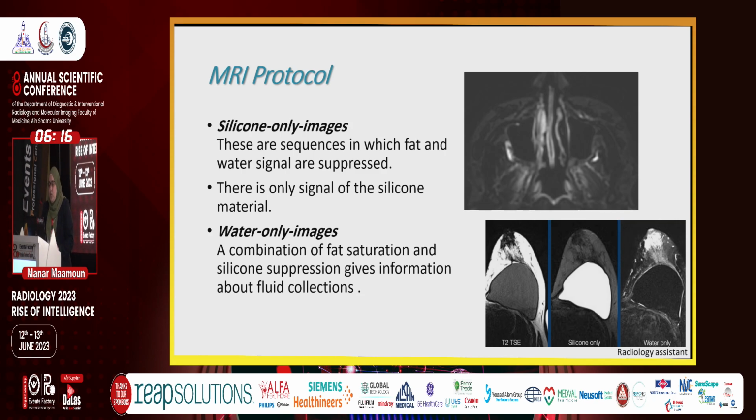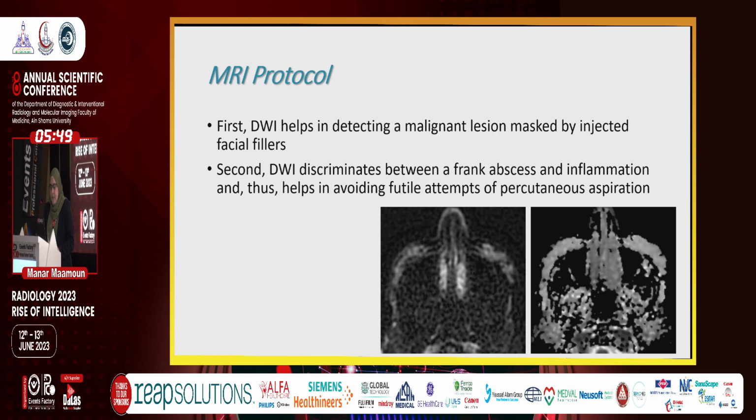This is a silicone-only image, but in this case, hyaluronic acid was injected, so the filler shows suppression of its signal in silicone-only images. This is a case of breast MRI showing a silicone implant. You can notice the high signal of the implant in the silicone-only images and suppression of its signal in water images. So include silicone-only images if you don't know the exact filler or implant used.